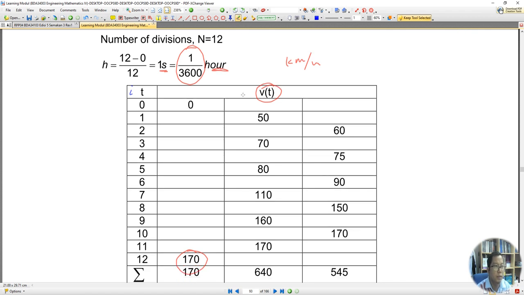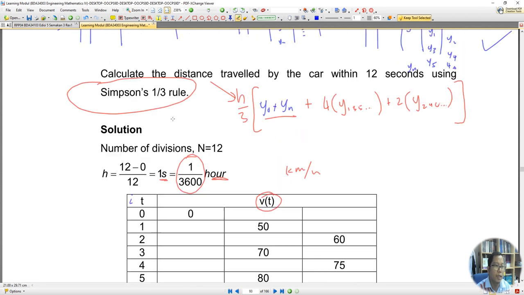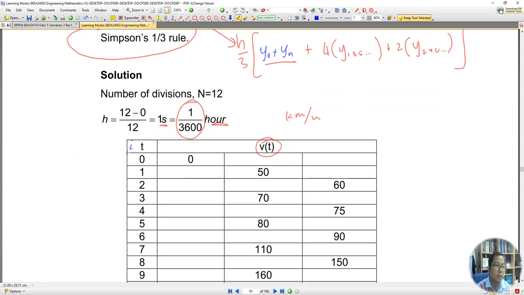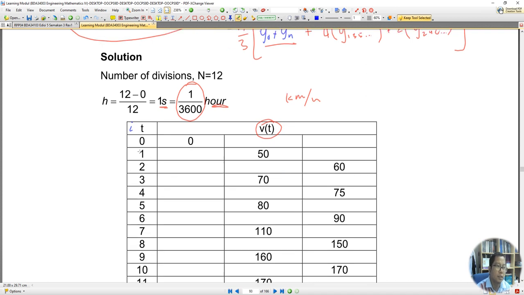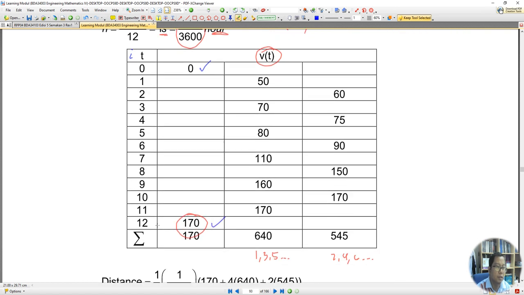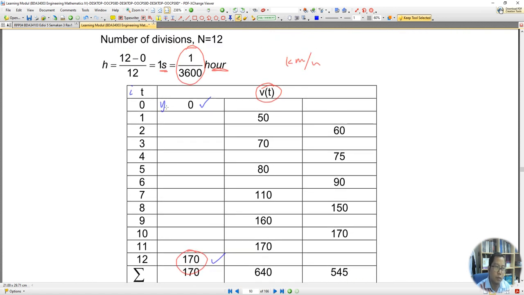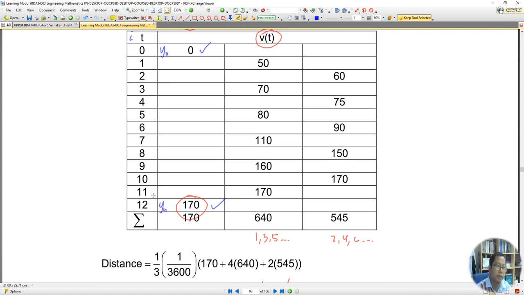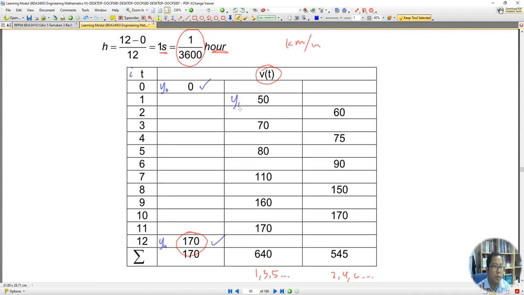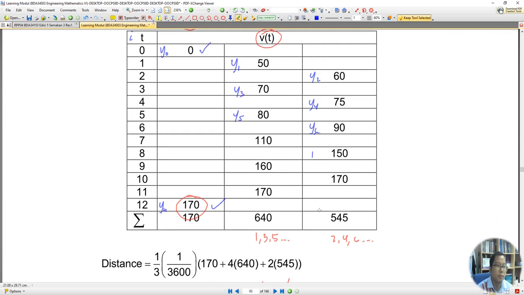This is the V of T. There is no x, they straight away put T. T starts from 0, and this is the first and this is the last, the y. We denote as y0 and yn. And this is y1, y3, y5, and so on, and this one is y2, y4, y6, and so on. And this is the total number.